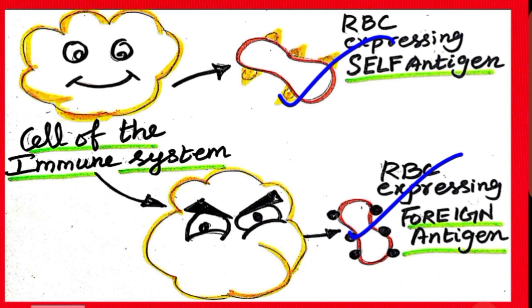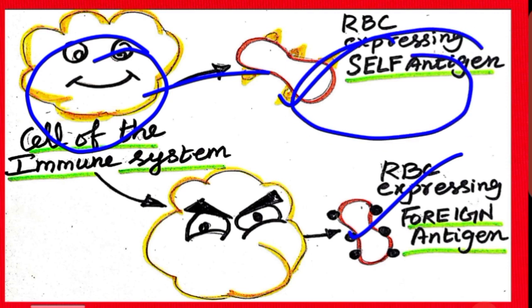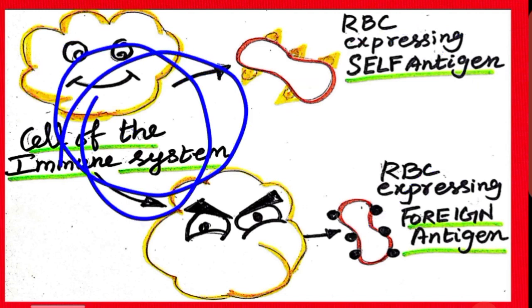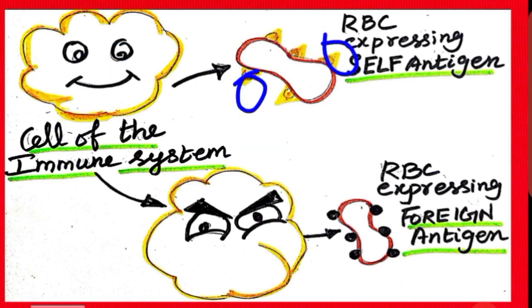When our immune cells come into contact with an RBC expressing self antigen, they will never show an immune response, right? As our immune cells move around the body, they may meet an RBC expressing self antigen. At that time, they will never show the defense mechanism, because they carry self antigen.